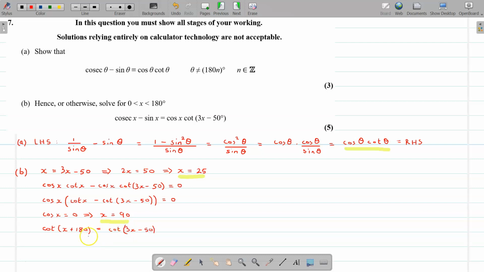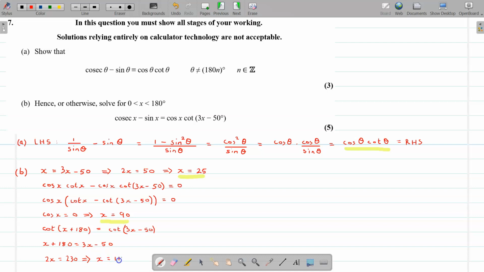And if I solve that one, I get that x plus 180, okay, x plus 180 equals 3x minus 50. Rearranging that gives me 2x equals 230, and therefore x equals 115.